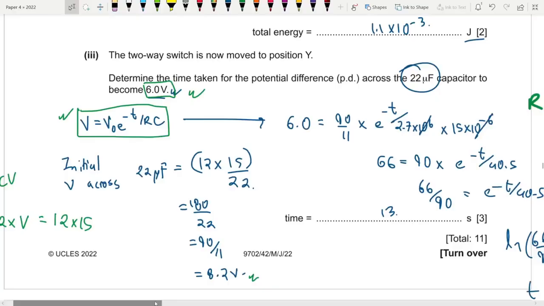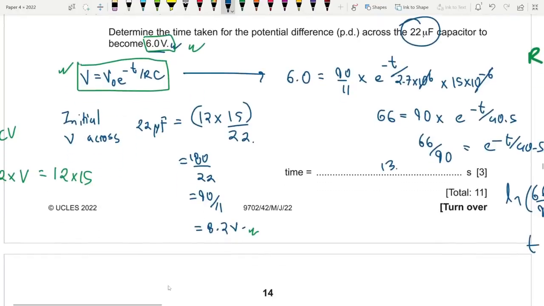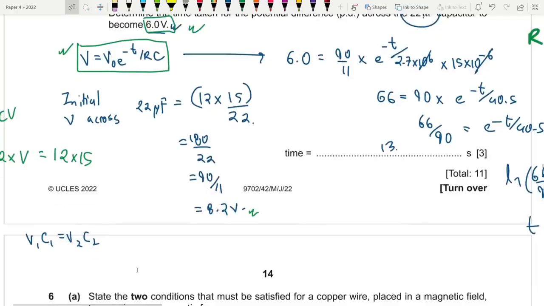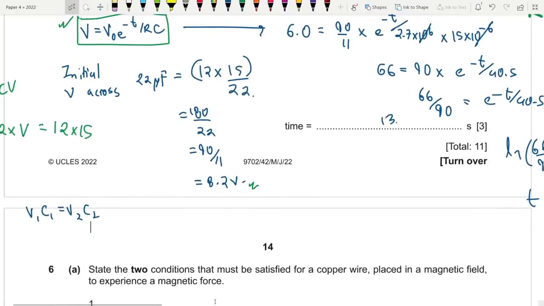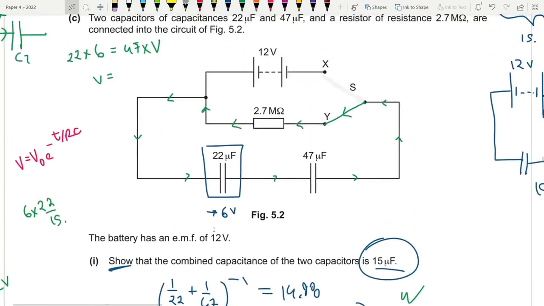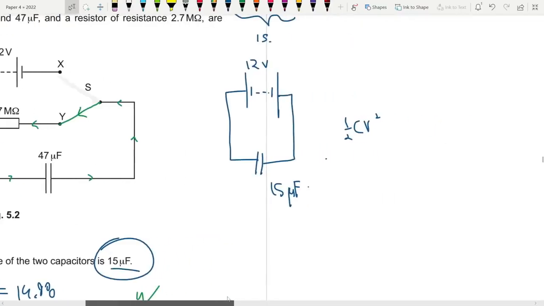So this is basically V1 C1 is equal to V2 C2. They applied this method. So initially, if you think about it, when we considered them to be one whole capacitor, the capacitance was 15 microfarad and it was getting 12 volts, right? So that's your V1 and C1, 12 times 15.